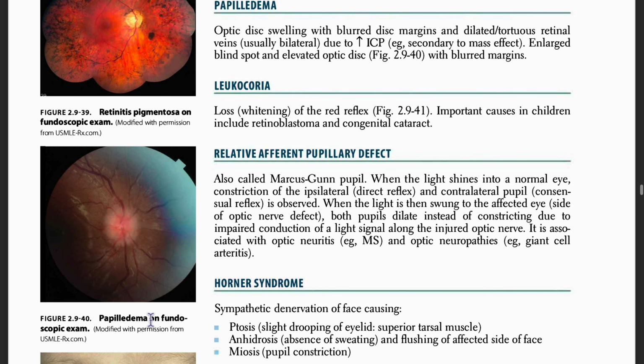Okay, so there's papilledema on fundoscopy. What we are seeing here is disc swelling with blurred disc margin. There's no cupping here. And dilated tortuous veins. Was it this the one that was thunderous looking? Enlarged blind spots and elevated optic disc with blurred margin.